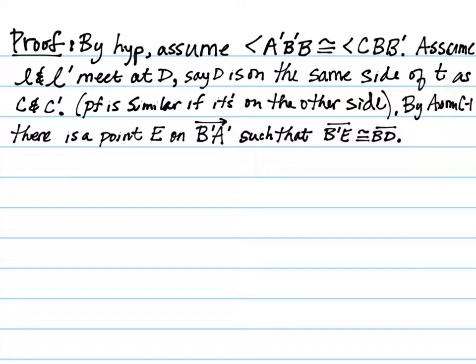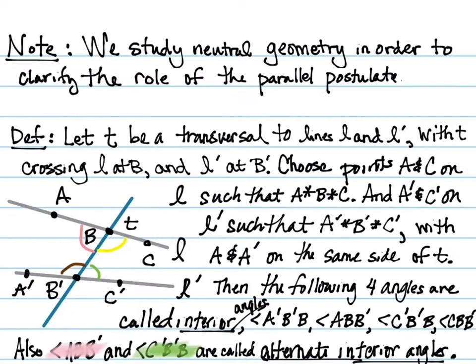And I feel like a picture at this point might be helpful, so I'm going to take the picture that we had from over here and try and redraw it, okay?